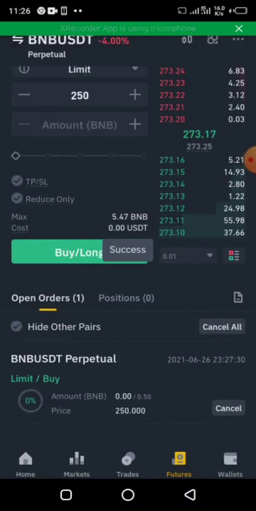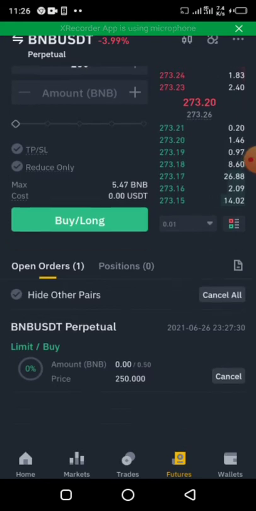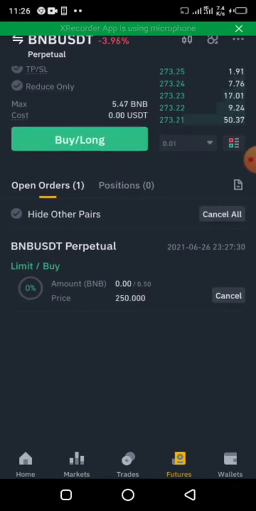So this means when this trade gets to 250, it will automatically trigger the buy trade. You can see it's in open order now. It has not been executed. When it has not triggered the buy trade, it will not be executed. So we need to wait till it gets to 250.